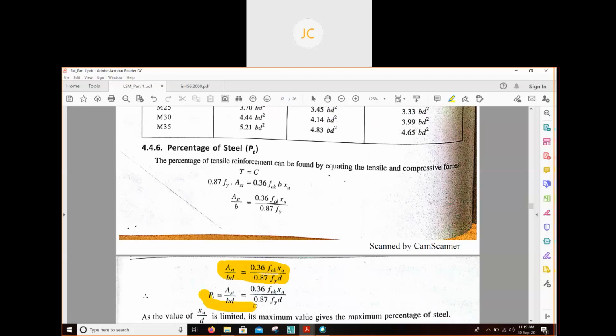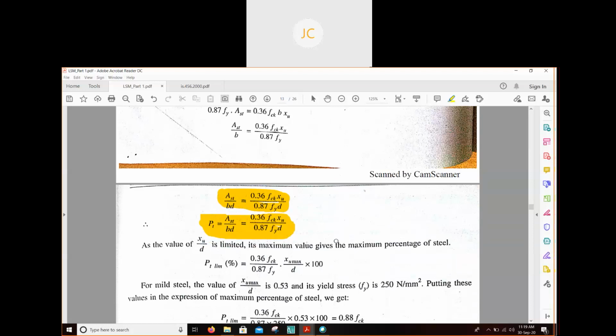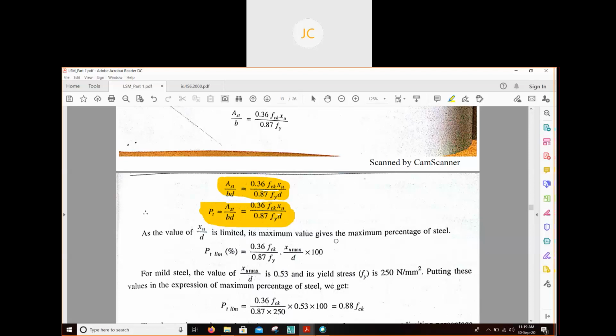The percentage of steel formula will become this one. For Fe250, we can find out the value.